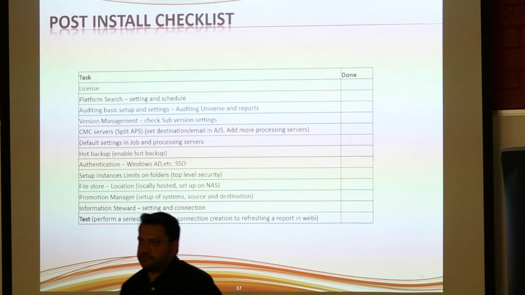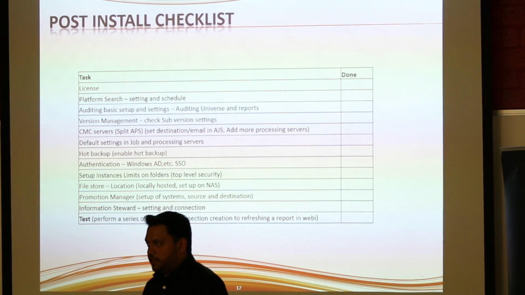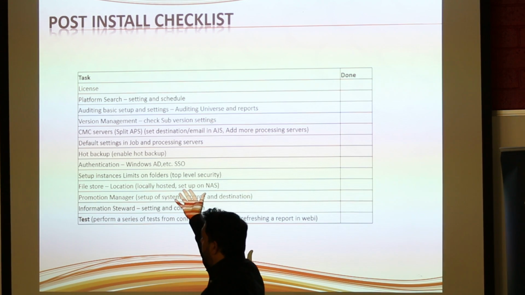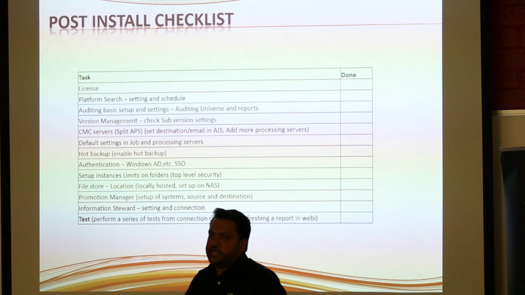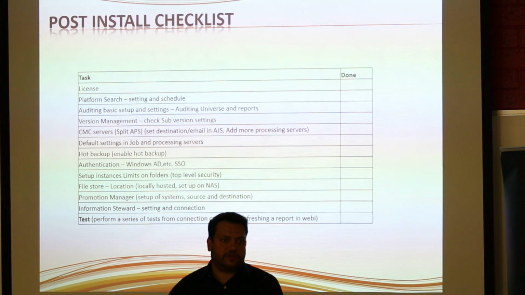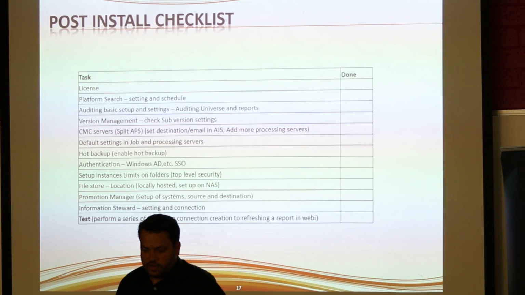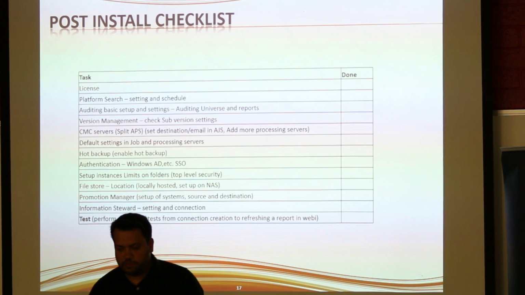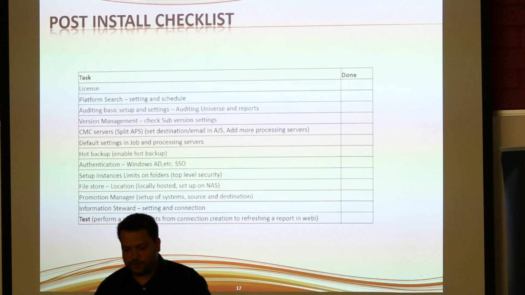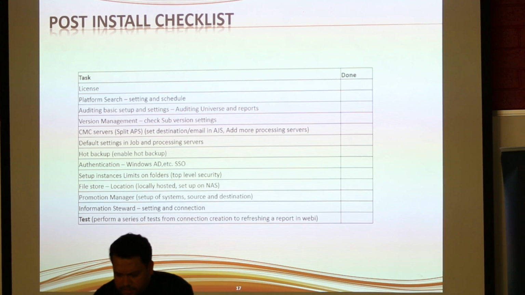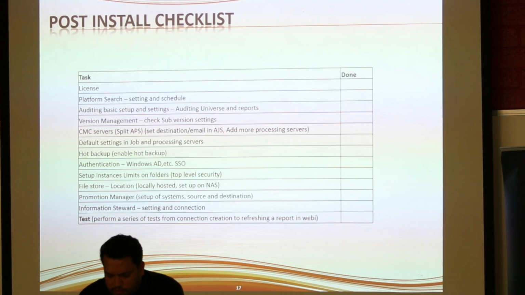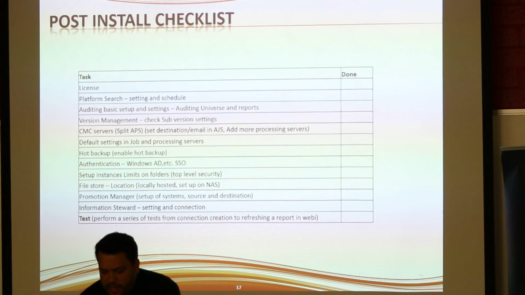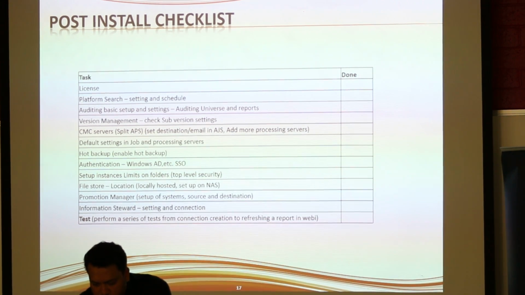Platform search settings: if you don't set them up right, they can eat up resources behind the scenes and affect the performance of BO. If you use version management, make sure that is set up right. Simple things like that. Authentication is working. Your file store is set up right. Promotion management is working. Information Steward, if you have it, is set up right.